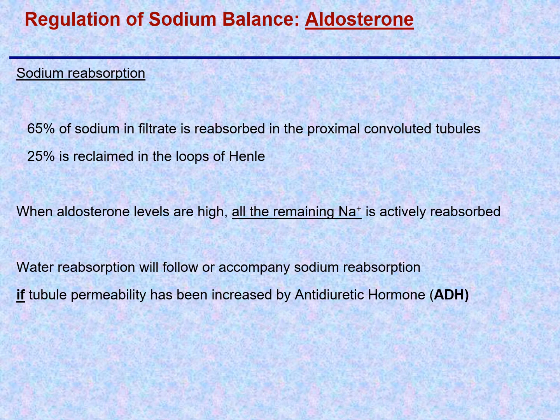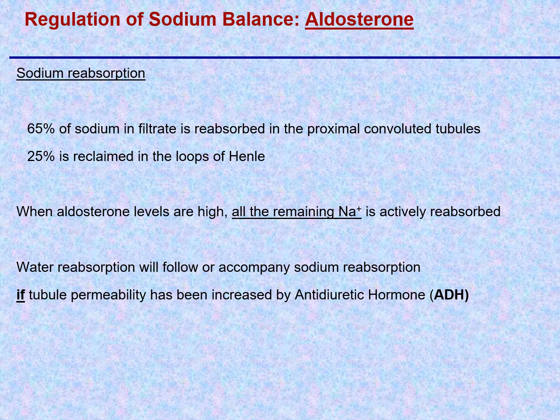Another 25%, so now we're at 90%, is reclaimed in the loop of Henle. If aldosterone levels are high, if a lot of aldosterone has been secreted from the adrenal glands, the adrenal cortex, then all of the remaining sodium gets actively reabsorbed. And because of that, water reabsorption will also occur. It accompanies the sodium reabsorption.